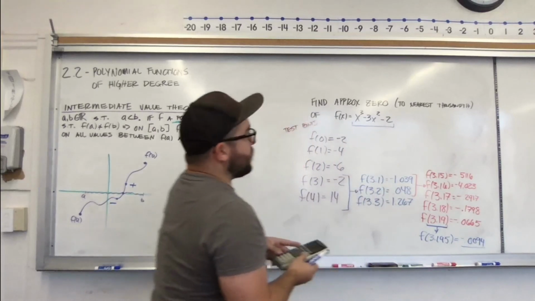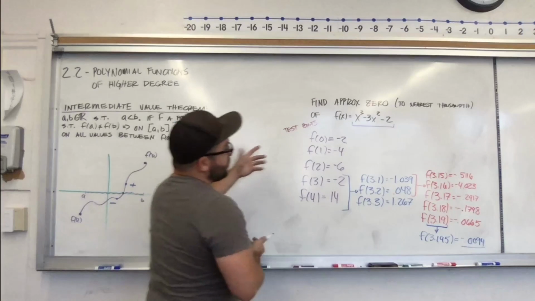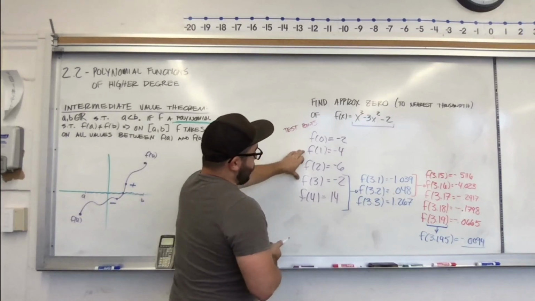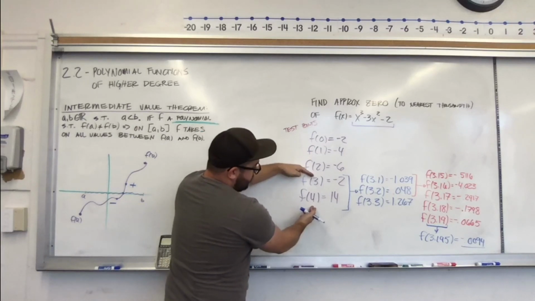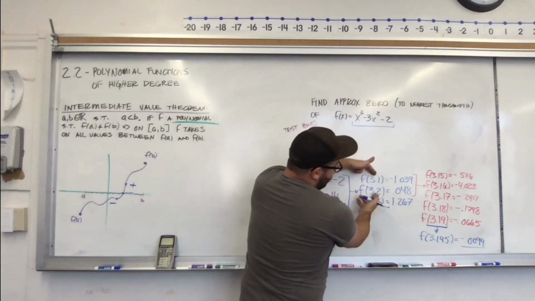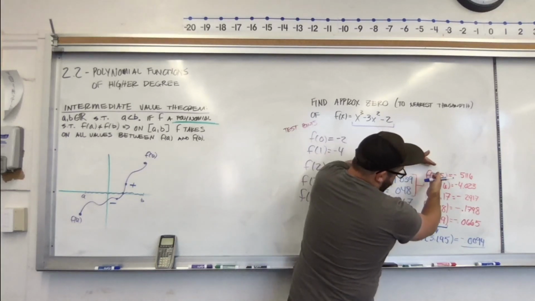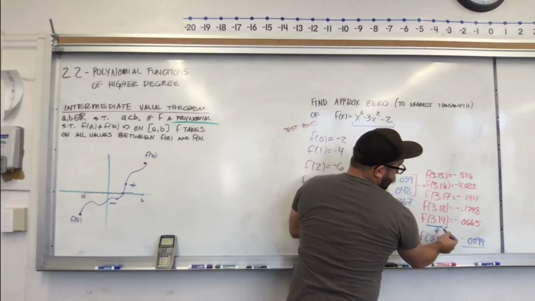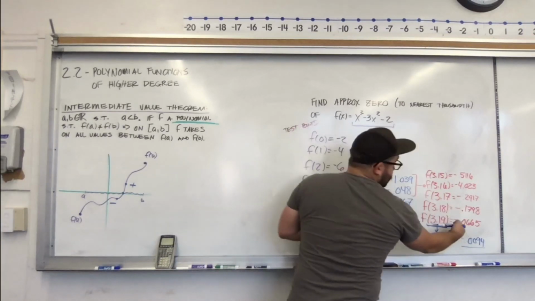Now, we could continue to test this over and over, but what this is telling me is, from our original values, we knew we had a sign change. So somewhere between those inputs must be a 0. We did it again between these two inputs. There had to be a 0 because we had a sign change. And as it got more accurate, closer to 3.2, we started getting really close to 0.